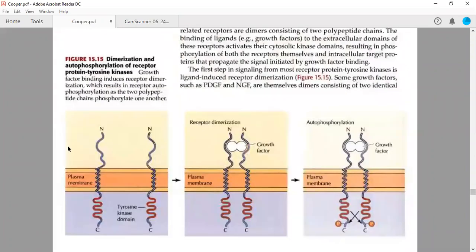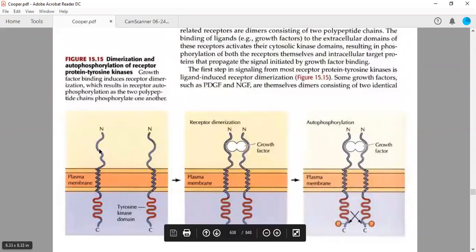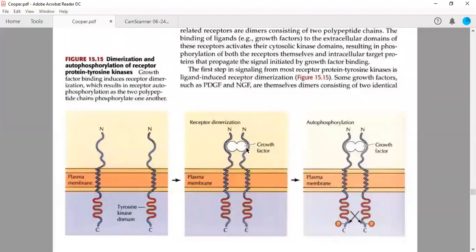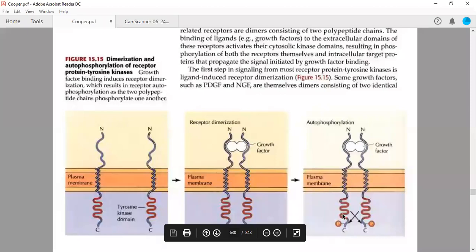For example, epidermal growth factor receptor, which is a single polypeptide, will form a dimer after binding of epidermal growth factor. This dimer formation will undergo an autophosphorylation or cross-phosphorylation event, so that this catalytic domain can phosphorylate some residues. Which residues?